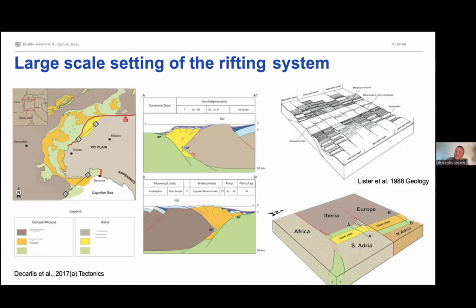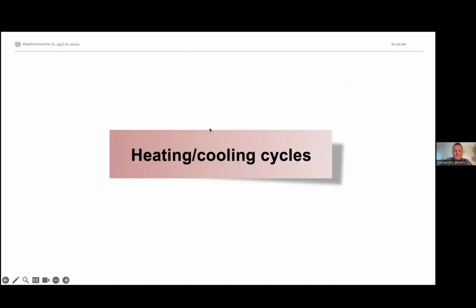So the field speaks differently depending on the advance of the knowledge about a specific area. I want to conclude, because I'm running toward the end of this presentation, with the last couple of slides, related to the heating and cooling cycles that are one of the main topics we explored lately.